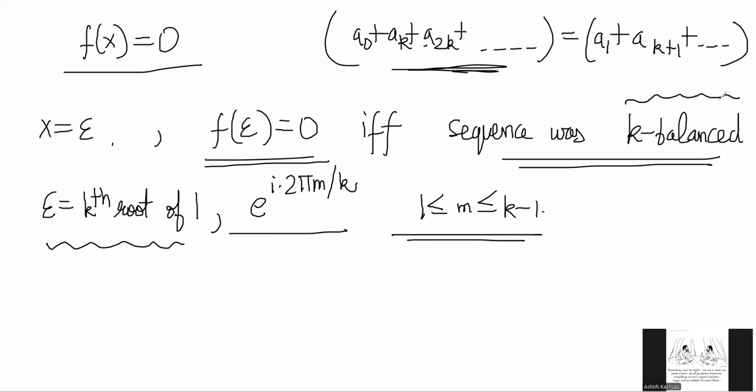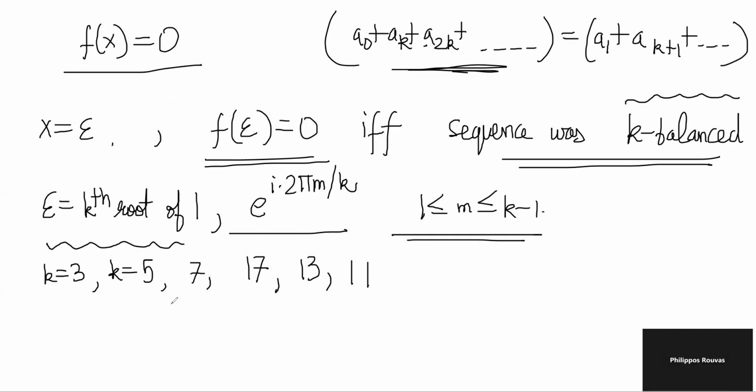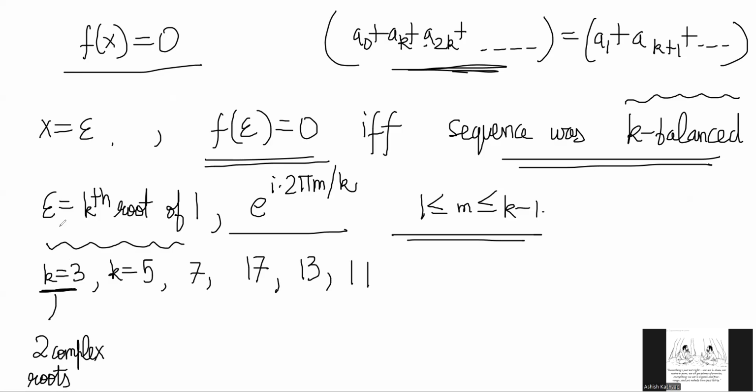It was not just k balanced for one particular value of k, it was true for k is equal to 3, 5, 7, 17, 13, and 11, right? Correct? Yes. So notice that for k is equal to 3, you would have gotten two complex roots here, right? Yes. One of the roots would be 1. We cannot take that root. We have to take the complex roots only, right?